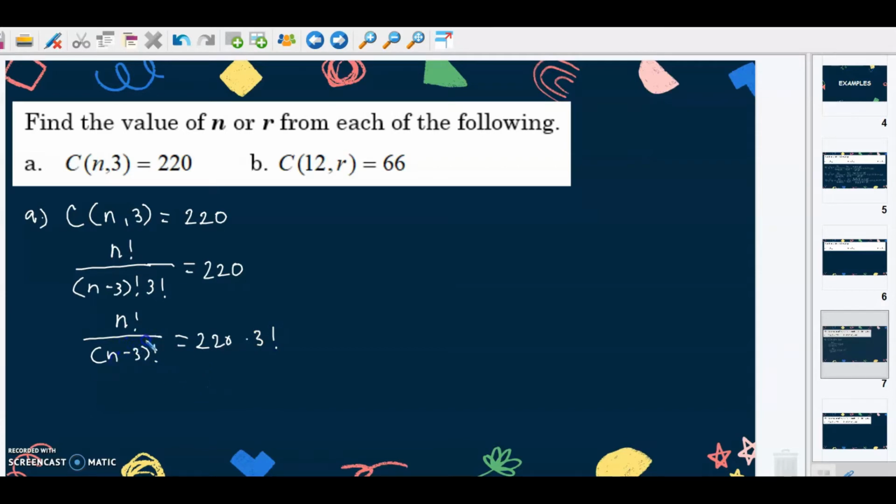Then, the next thing that I will do is simplify n factorial over n minus 3 factorial by expanding n factorial in our numerator as n times the quantity n minus 1 times n minus 2 times the quantity n minus 3 factorial, all over, we'll just copy the denominator, which is the quantity n minus 3 factorial.